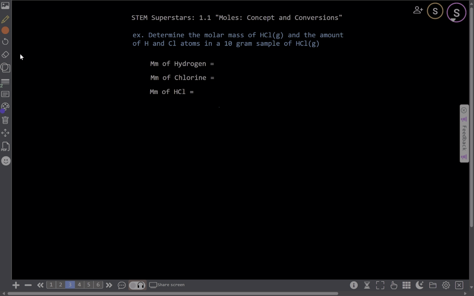Our molar mass of atomic hydrogen is 1.01 grams per mole, and our molar mass of atomic chlorine is about 35.45 grams per mole.